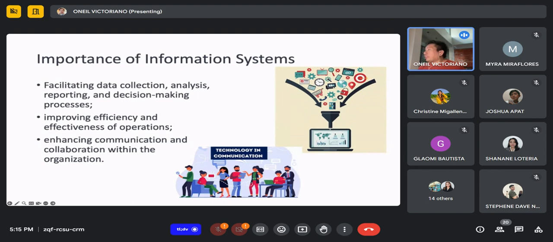So the importance of information systems. We don't define information systems anymore because it's quite common what information systems are all about. But basically, the main importance here is to be able to have good decision making, and we facilitate data collection, analysis and reporting, where data collection would be the subtopic for data governance. We use information systems to get insights and information for decision making.